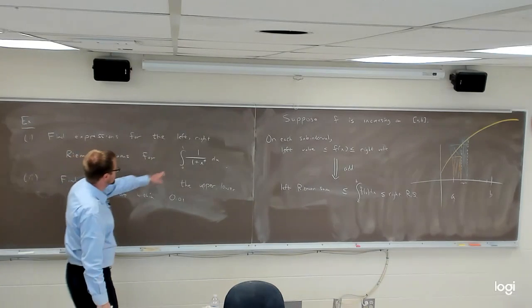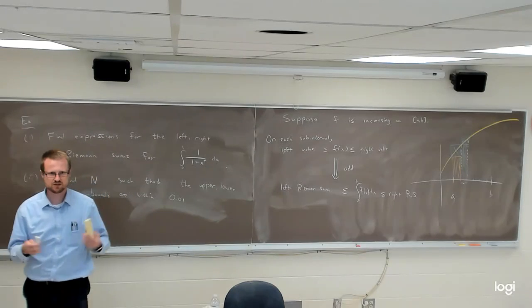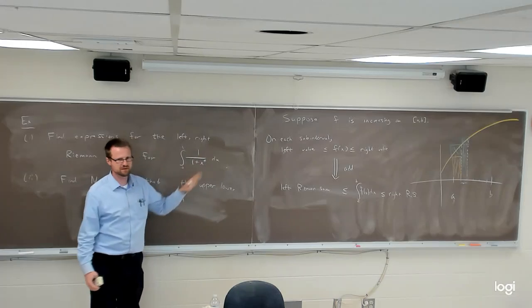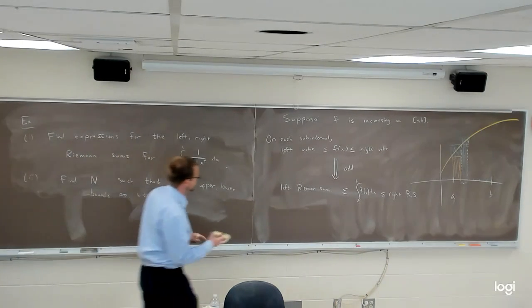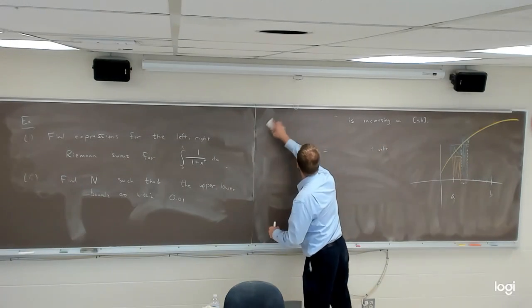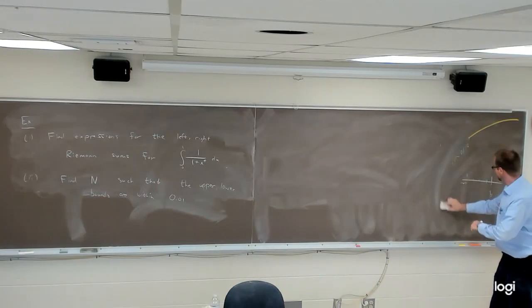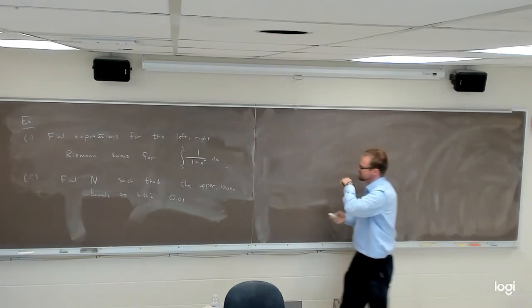So let's suppose I want to estimate this integral with a guaranteed accuracy of 0.01. I know that I can trap it between the left and right Riemann sums. Actually, I still need to justify that by showing that it's monotonic. But let's use this error analysis to find a tight interval around that integral.